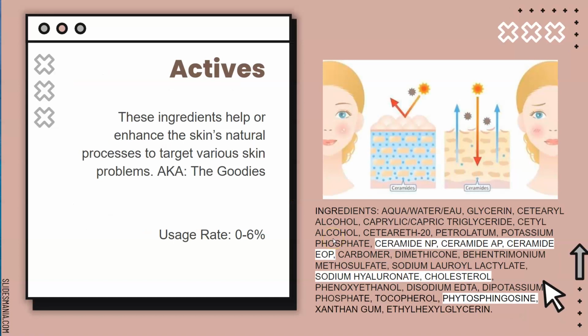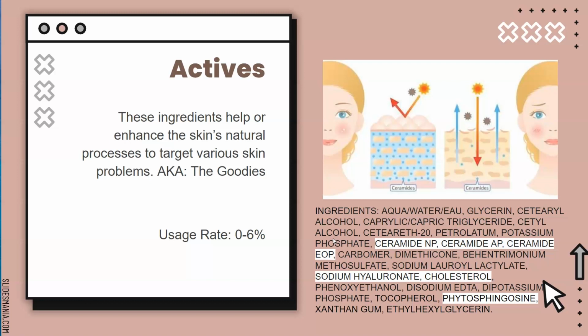So now we proceed to actives. These ingredients help or enhance the skin's natural process to target various skin problems. And these are used around 0 to 6% depending on the type of active.